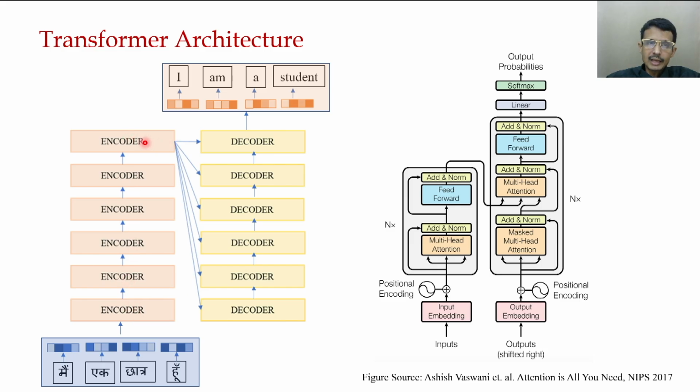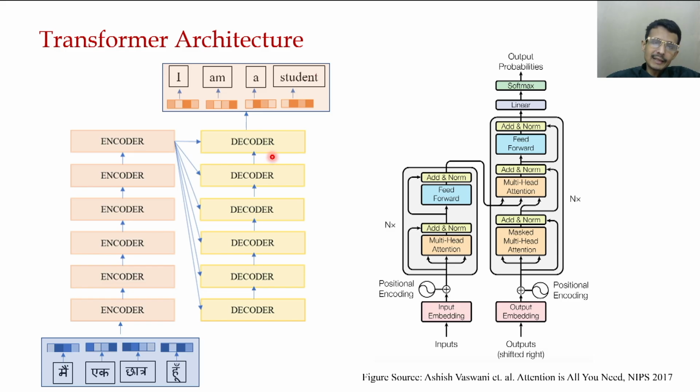In this way, the last encoder produces the context information, like attention, that goes to the decoders. This information comes to all the decoders, and each decoder's output goes to the next, and so on. Finally, the final decoder gives the output. So this is the basic understanding of the transformer.